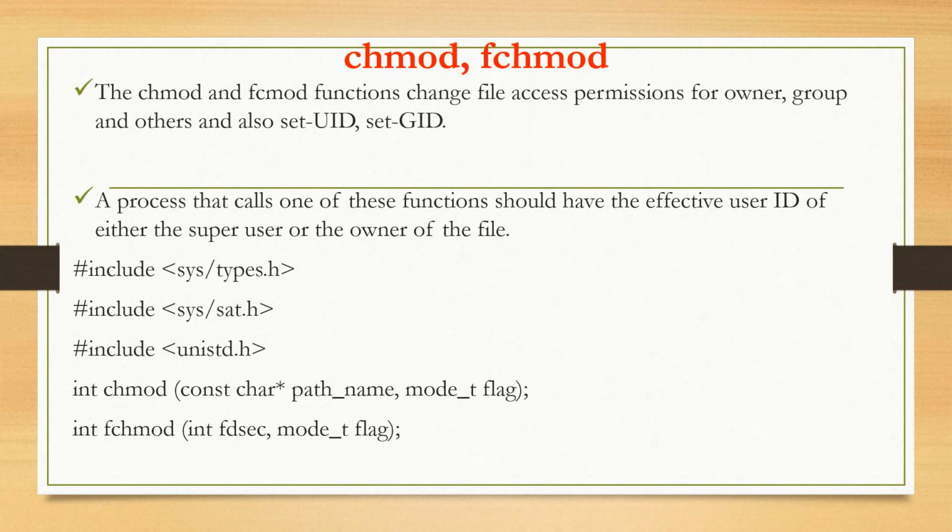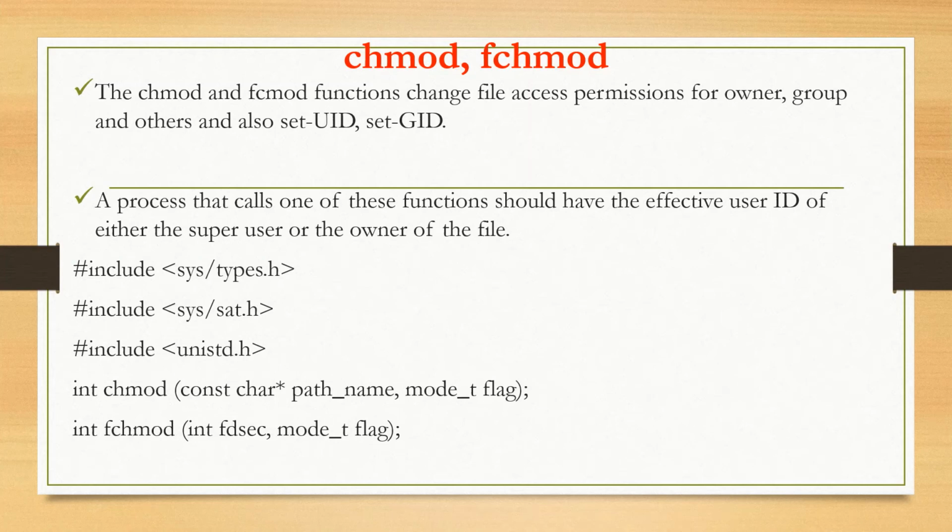The prototype is given below. chmod, change mode, returns an integer type and contains two parameters: one is a character with the corresponding path name, and the second is the mode required with the flags.